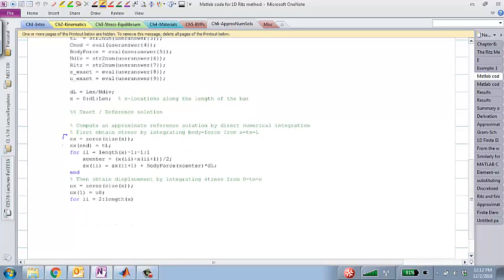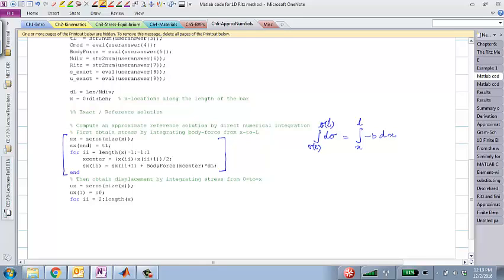This part of the code is basically where I'm doing the integral d sigma between sigma x and sigma L is equal to the integral between x and L of minus b dx, and I don't need the constant.